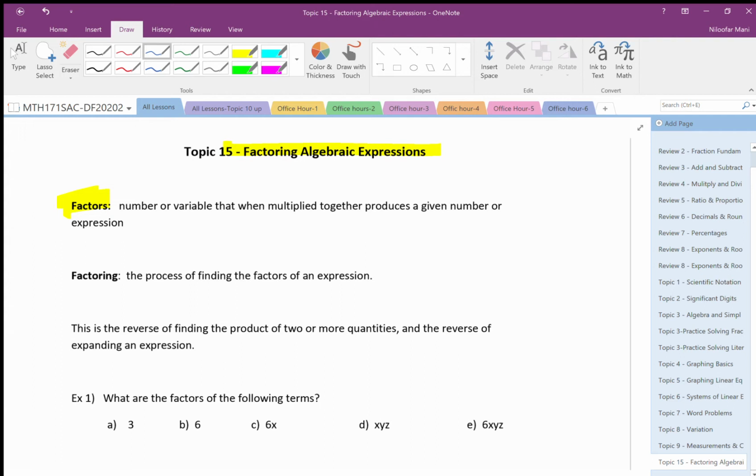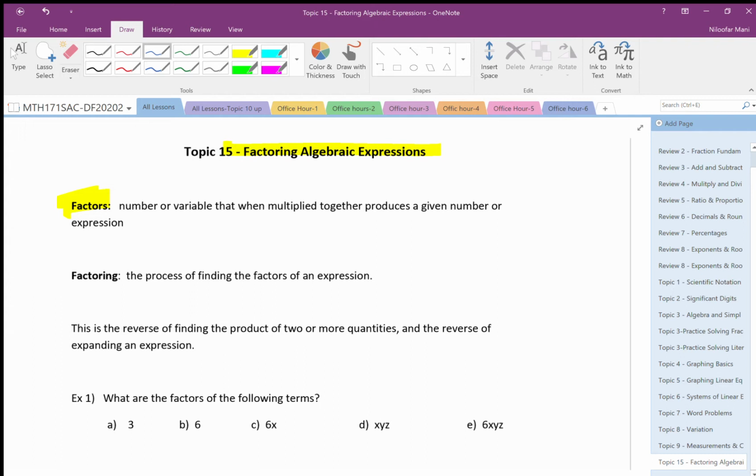So when I break something into numbers or algebraic expressions that, if I multiply them back, I reach the same original thing. Again, I want to show you an example, and I really won't ask for definitions in the future. I just want you to know it.